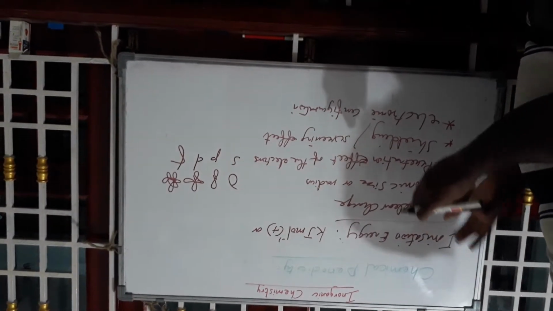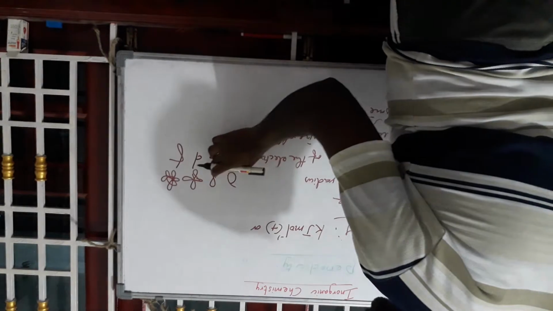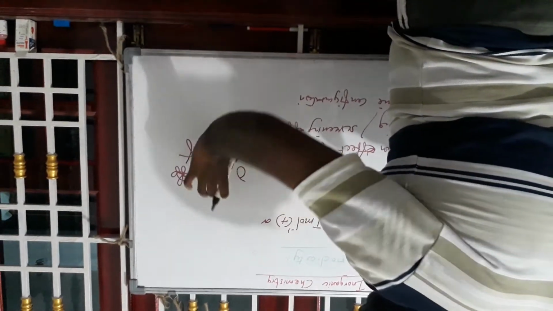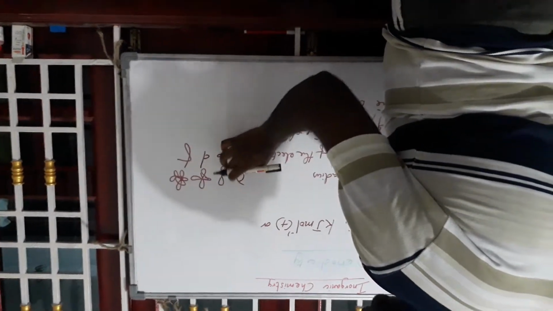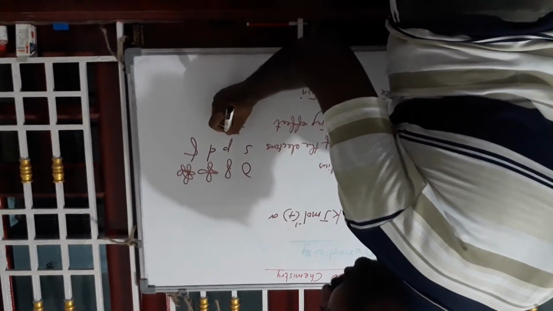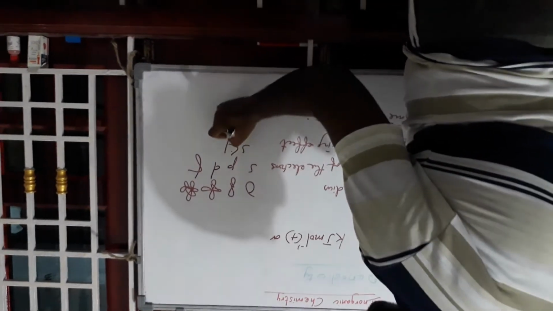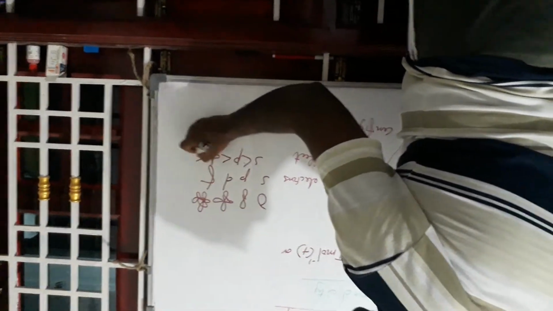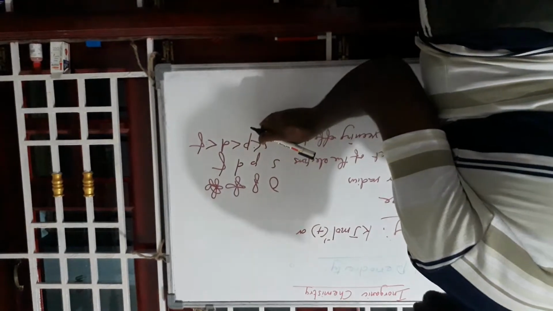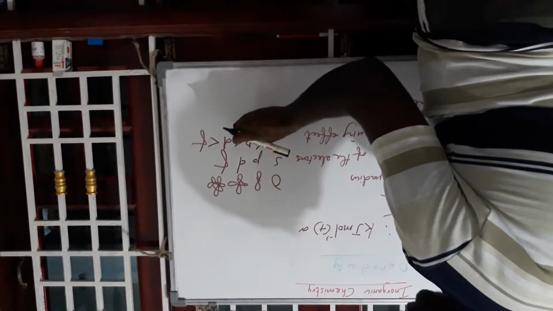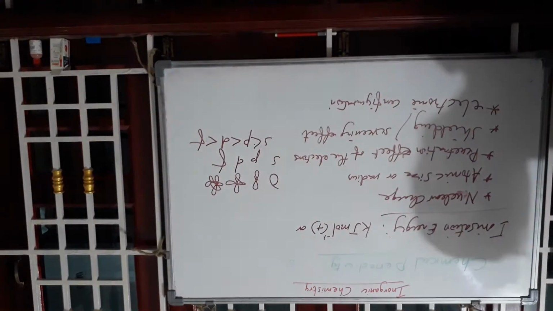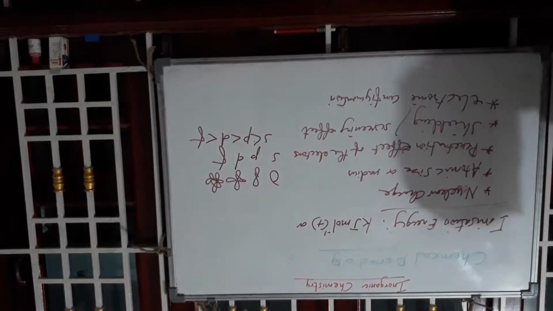If electrons are filled in p orbitals, they are easily influenced by the nucleus. The order is s less than p, d and f, with f orbitals having the highest penetration effect.